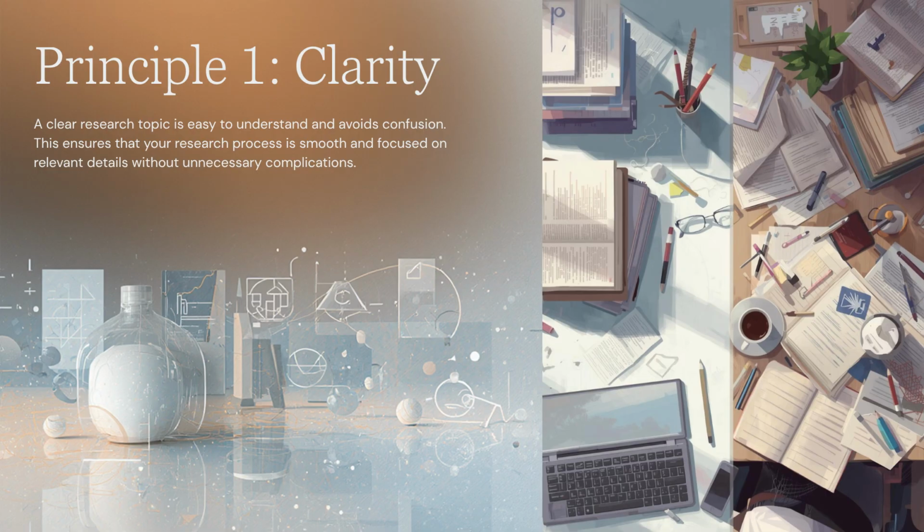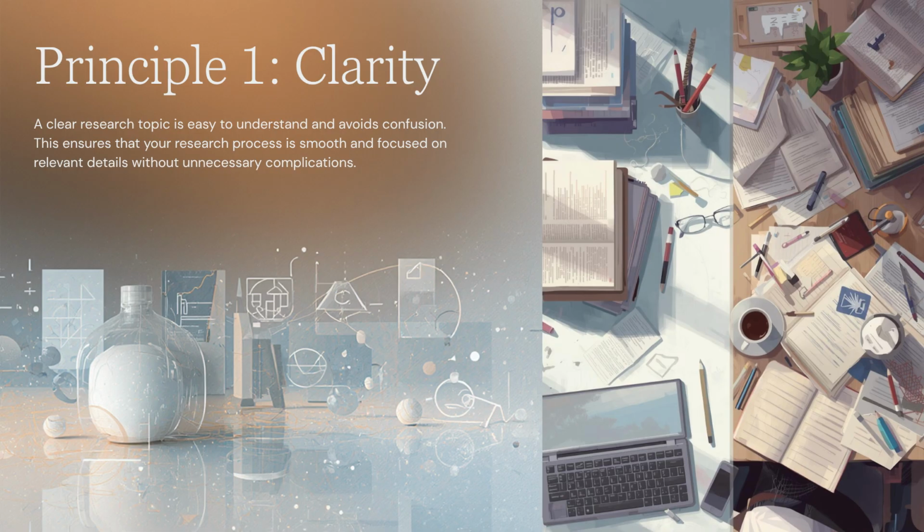A topic that broad will quickly become overwhelming. Instead, research works best when the topic is narrowed down. For instance, instead of researching technology, you might explore the impact of social media on student concentration. Now the topic is clearer and easier to investigate.